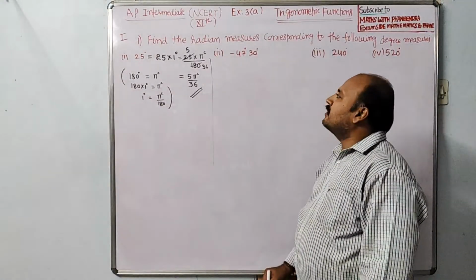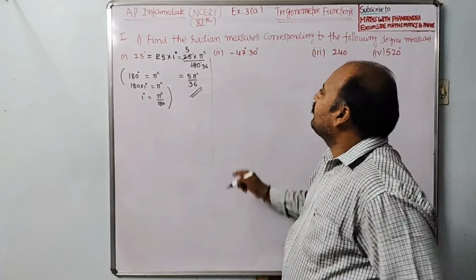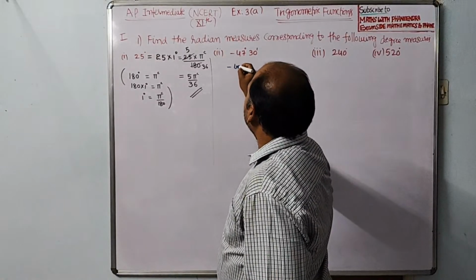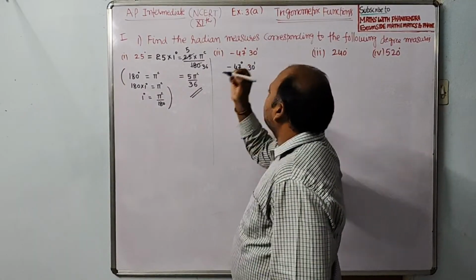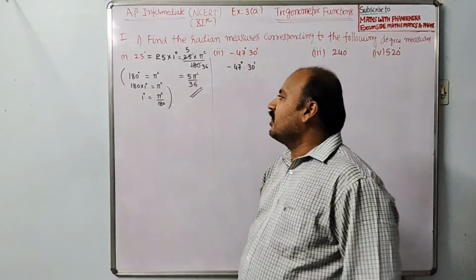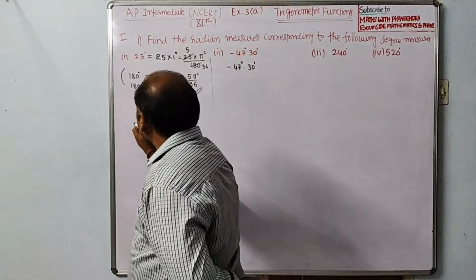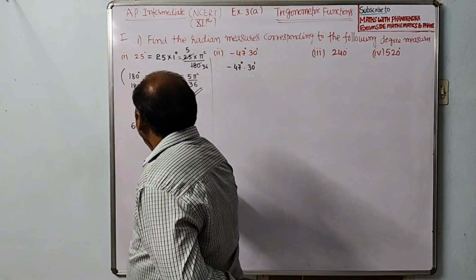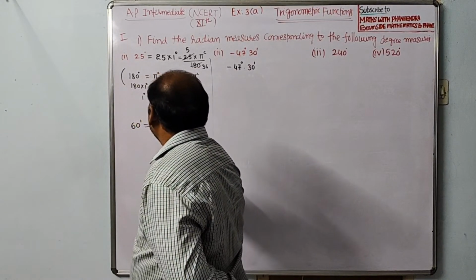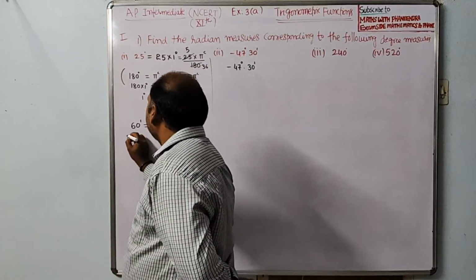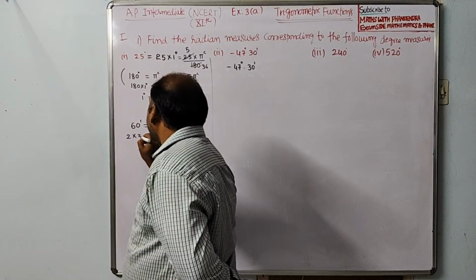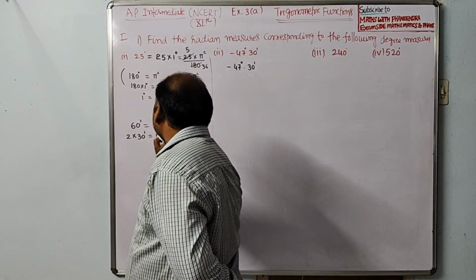Similarly, come to question number 2: minus 47 degrees and 30 minutes. We know that 60 minutes is equal to 1 degree. So 60 minutes can be written as 2 into 30 minutes, is equal to 1 degree.